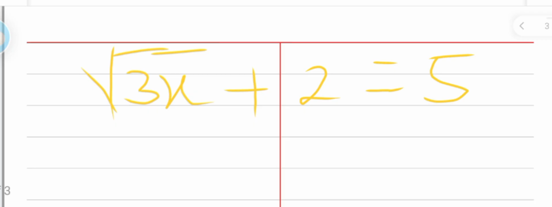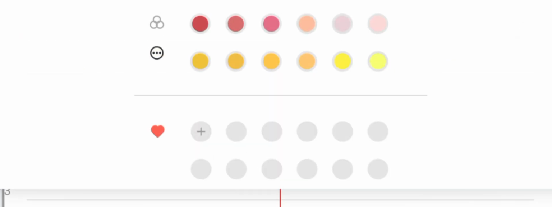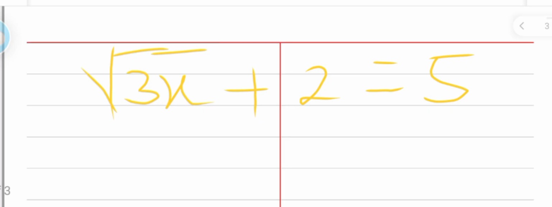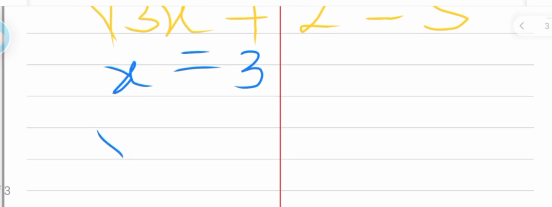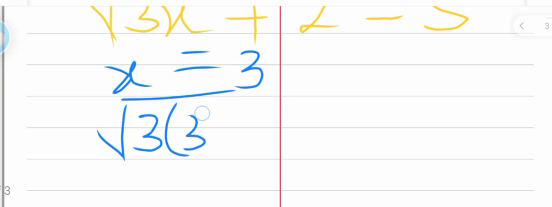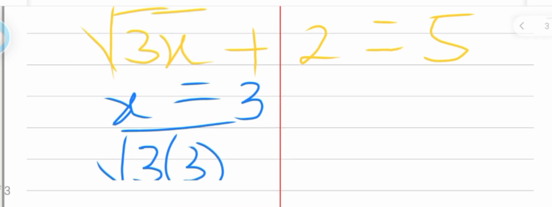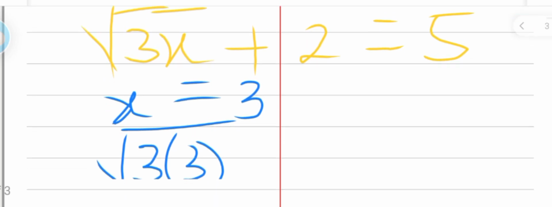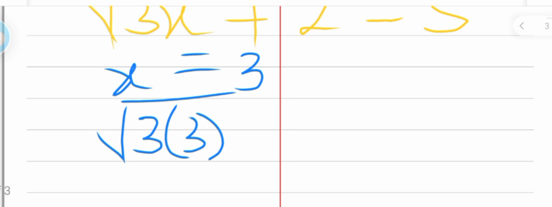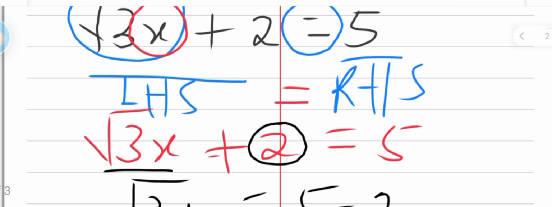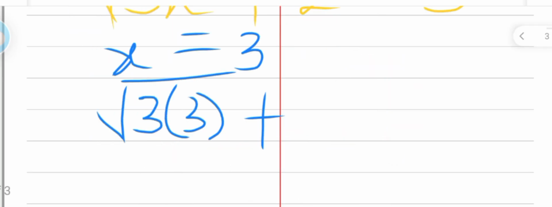Now remember that our calculation gave us x to be equal to 3. So in doing so, in our root 3x, since x is multiplying 3, we have to multiply 3 by the 3, plus the 2 should give us 5.